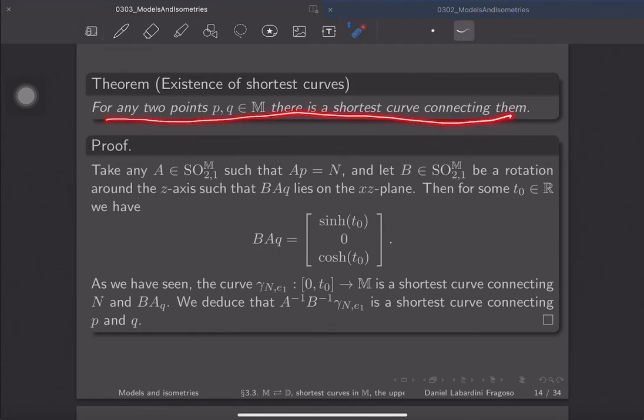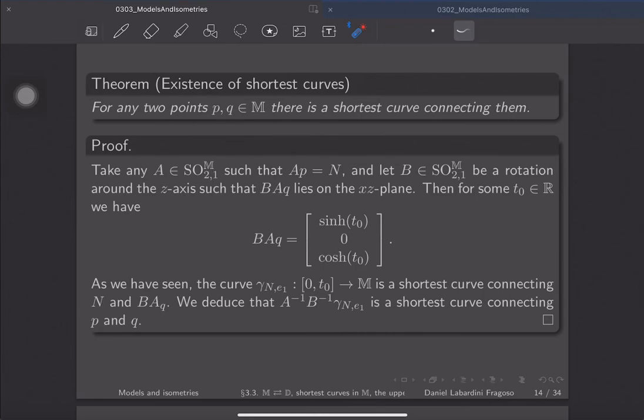That's my point. Now, given any 2 points, there is a shortest curve connecting them, and now the argument is more or less simple. I have my 2 points, okay, and I can use an element of the restricted Lorentz group to place one of the 2 points in the North Pole. Okay, I place it in the North Pole, and then I use a rotation around the z-axis to move it to the xz plane.